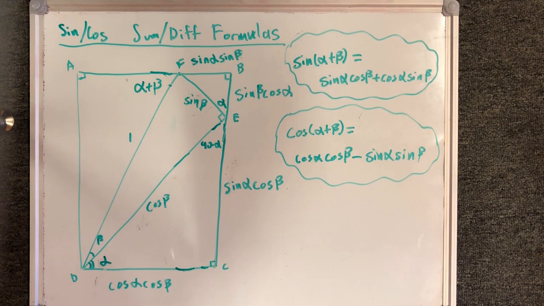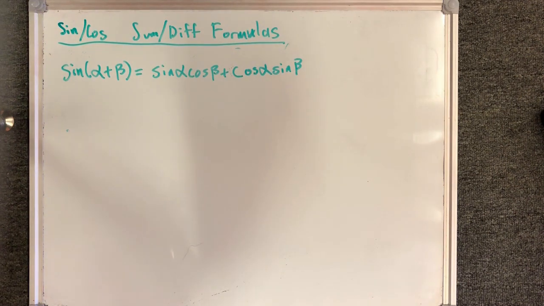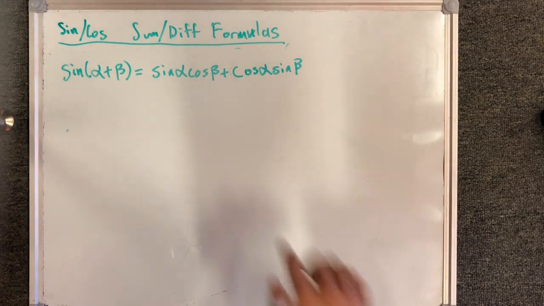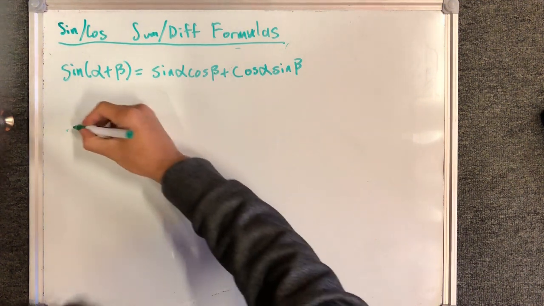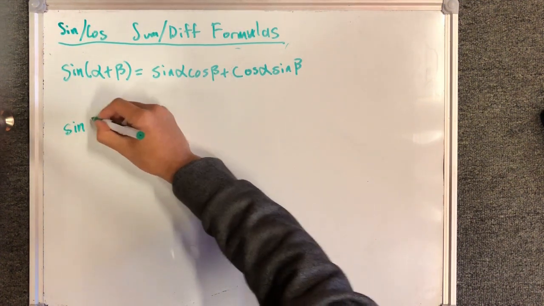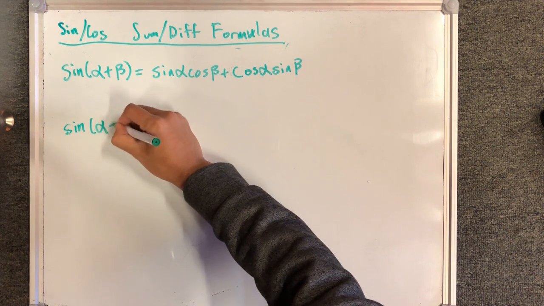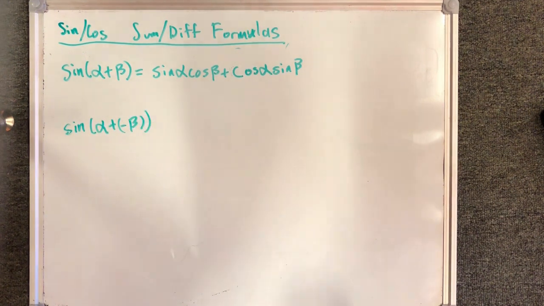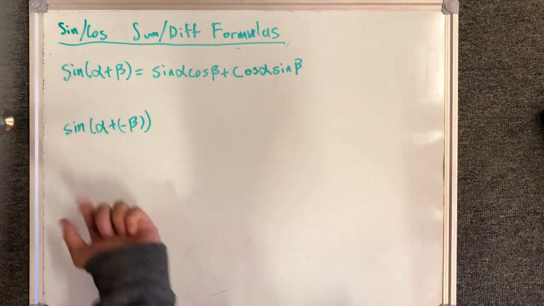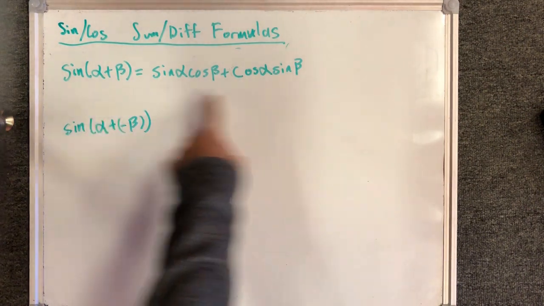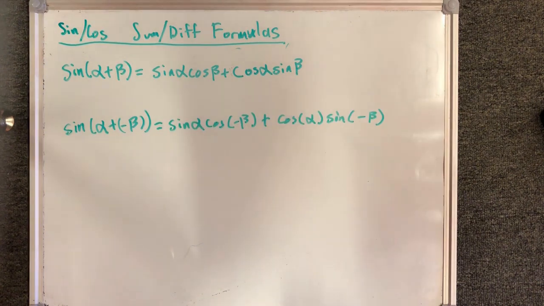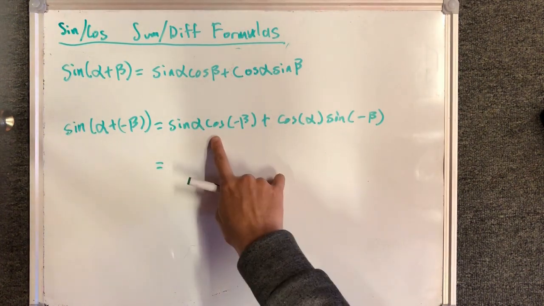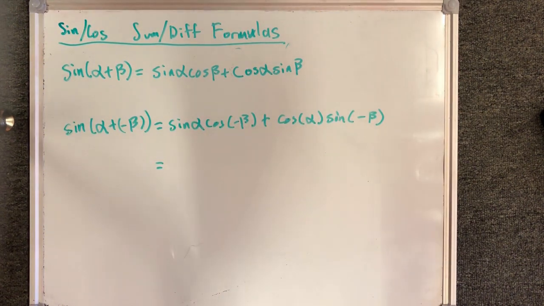Now let's try to get the difference formulas. To get the difference of angles formula for sine, let's pretend that instead of this being alpha plus beta, we have sine of alpha plus negative beta. Now this would give sine of alpha minus beta, but we can still use the angle sum formula to evaluate this. We know that cosine is an even function.